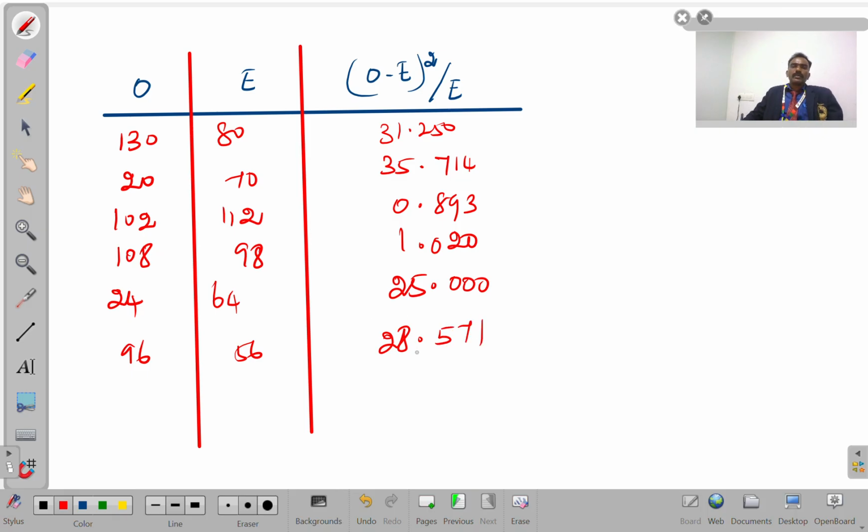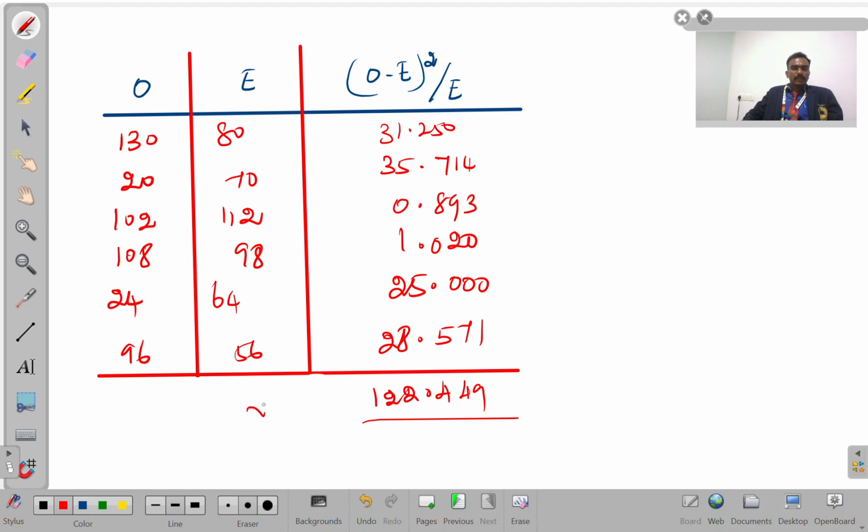Once you find these values, find the sum. If we sum all these values, we get 122.449. This is the chi-square calculated value.